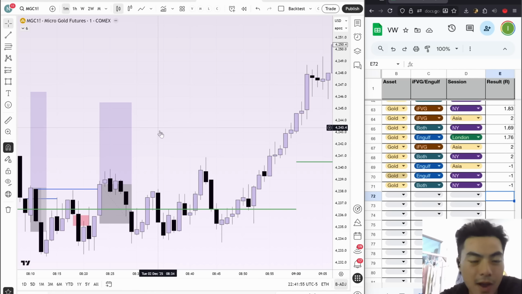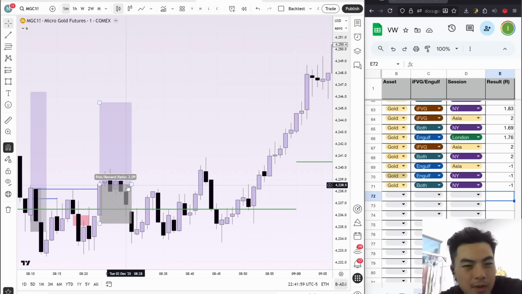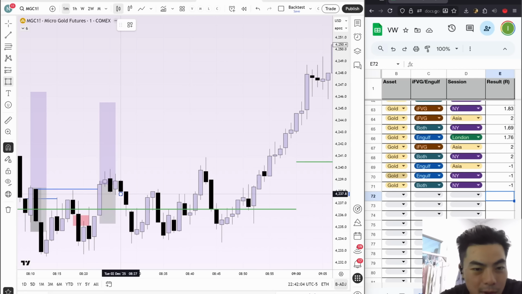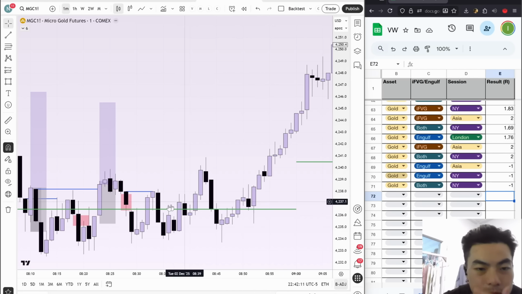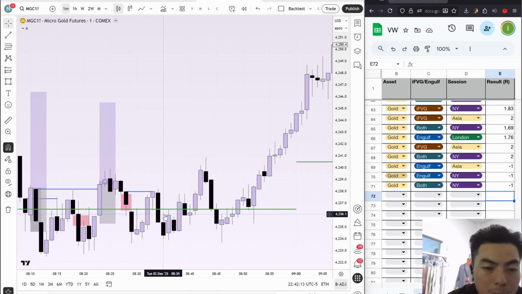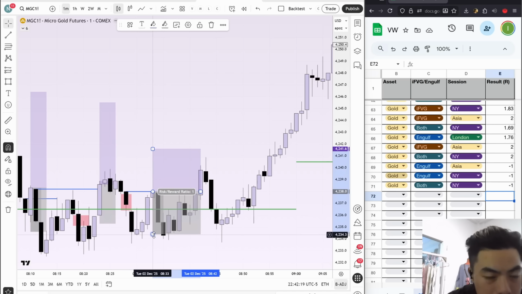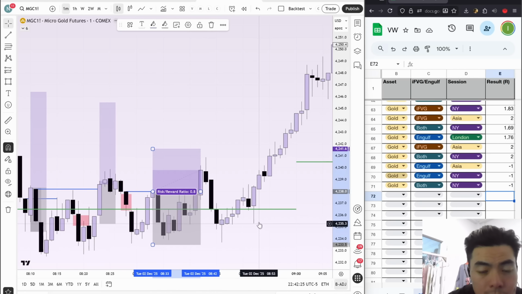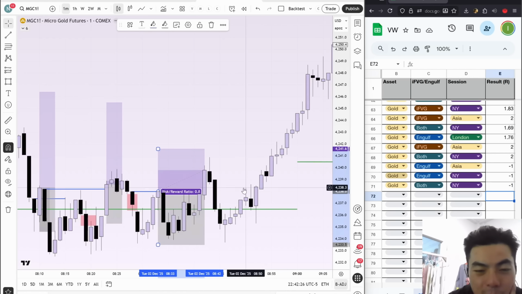And then I reckon I would have lost on this candle again. Yeah. So we get an inverse fair value gap there. We close above it here. Yeah, it's an engulfing candle as well. Depends on where you put your stop loss.